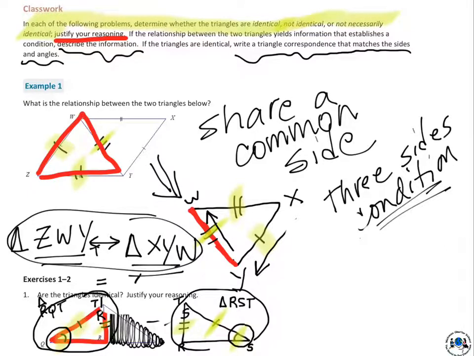On the surface it would look like it. We have an angle, we have two sides. Here's the problem though. These two sides that we have are not necessarily going to give us enough to say that they are identical.